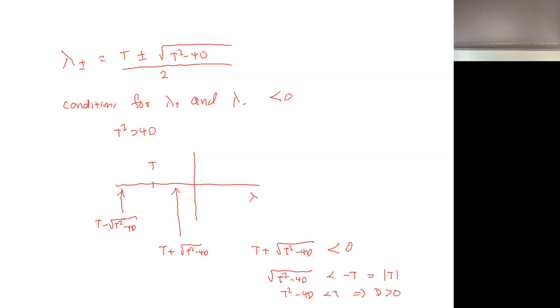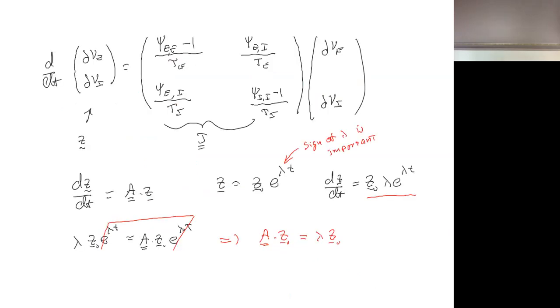So the conditions for stability are T less than 0 and D greater than 0. Those you should memorize. For a 2D matrix, the trace has to be negative if you want it to be stable, and the determinant has to be positive.